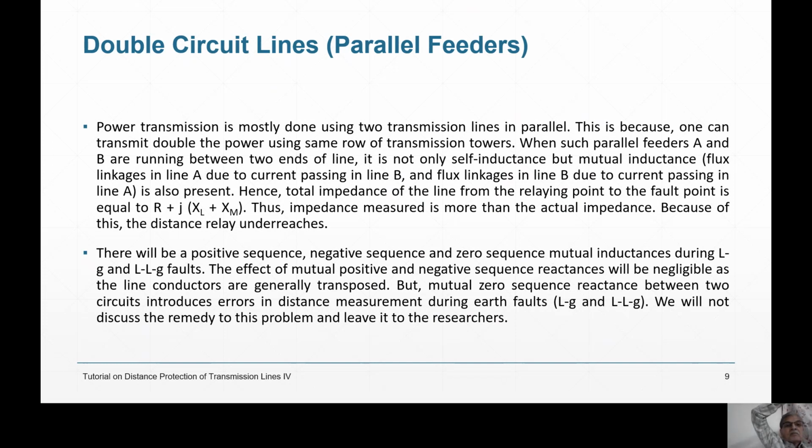That means Y takes the place of R, B takes the place of Y, R takes the place of B. So positive sequence impedance and negative sequence impedance are nullified. That does not create a problem. But zero sequence impedance cannot be. So zero sequence mutual reactance creates a problem. And therefore the distance relay underreaches.